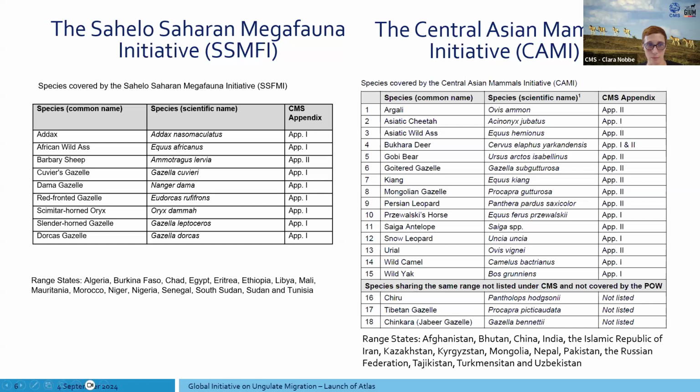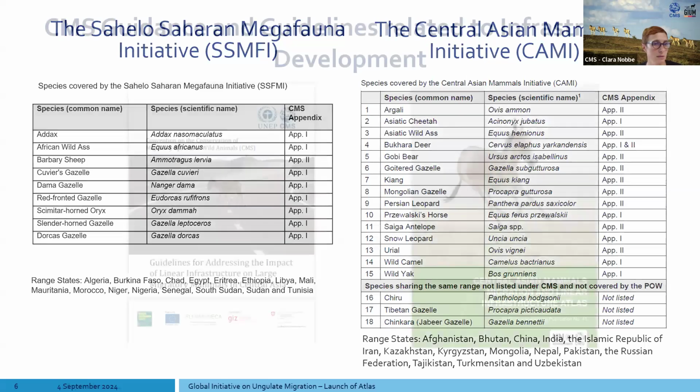So what Guillaume is producing is extremely important and directly helps implement the programs of work of these two initiatives. And we hope that we can bring you into these initiatives to support the range states in working on these. Next slide, please.